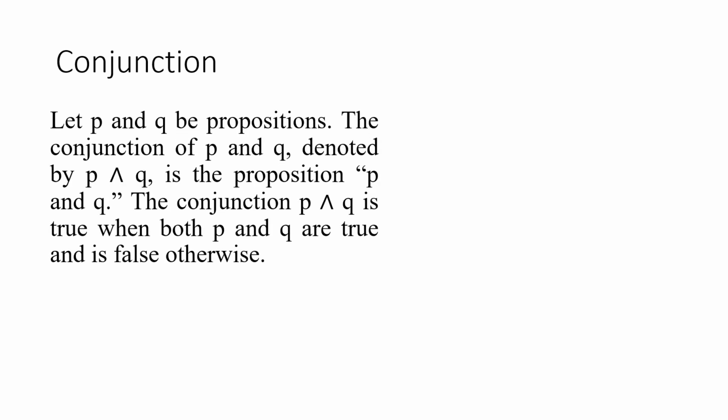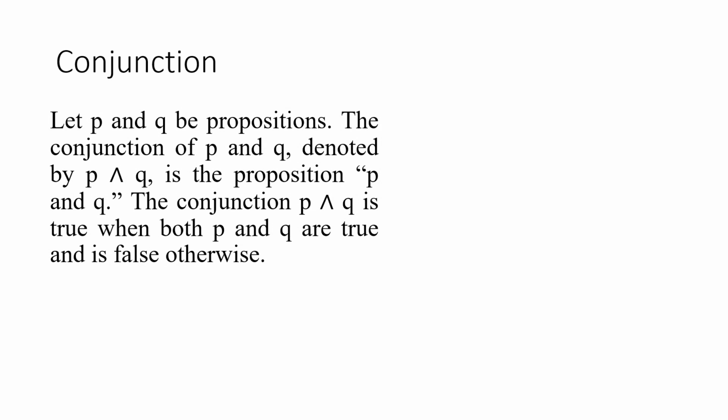So let's have some other logical operators that are used to form a new proposition from two or more existing propositions. These are also called connectives. So let's have conjunction. Let P and Q be propositions.